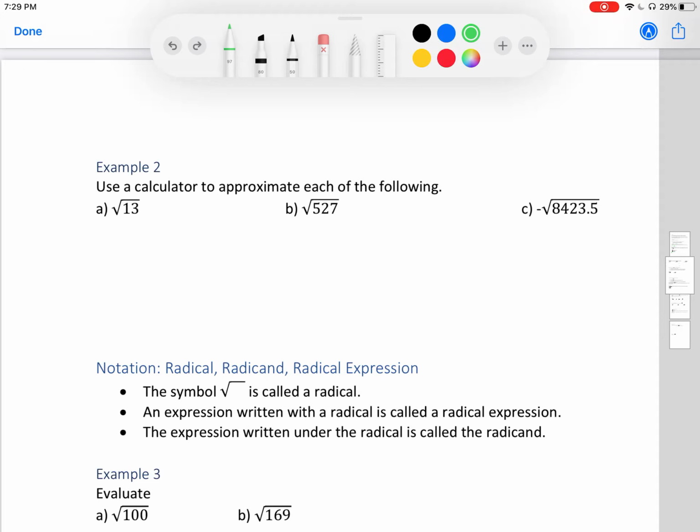Approximate each of the following. Now, some numbers are not perfect squares. So, for example, 13, can we think of a number such that when you multiply it by itself, our answer is 13? But luckily, for such numbers, we can use our calculator.